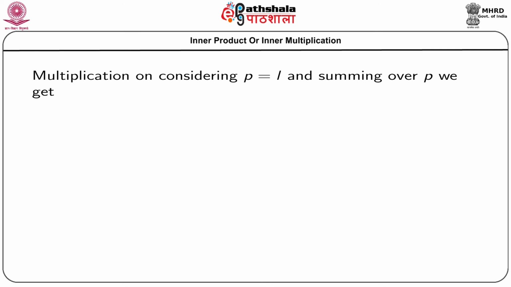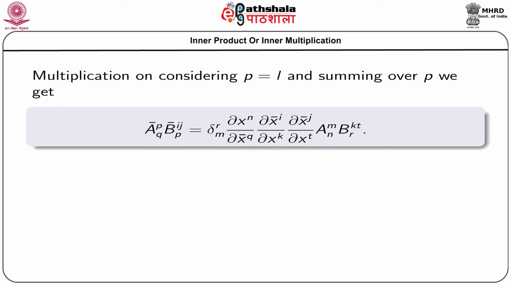Now we make the contraction by taking p equals to l and summing over p. We get this factor A bar^{pq} B bar^{ij}_p. We have taken l equals to p, so this gives rise to the factor on the right hand side, ∂x^r/∂x̄^p ∂x̄^p/∂x^m, which gives delta^r_m, with ∂x̄^q/∂x^n ∂x̄^i/∂x^k ∂x̄^j/∂x^t A^{mn} B^{kt}_r.